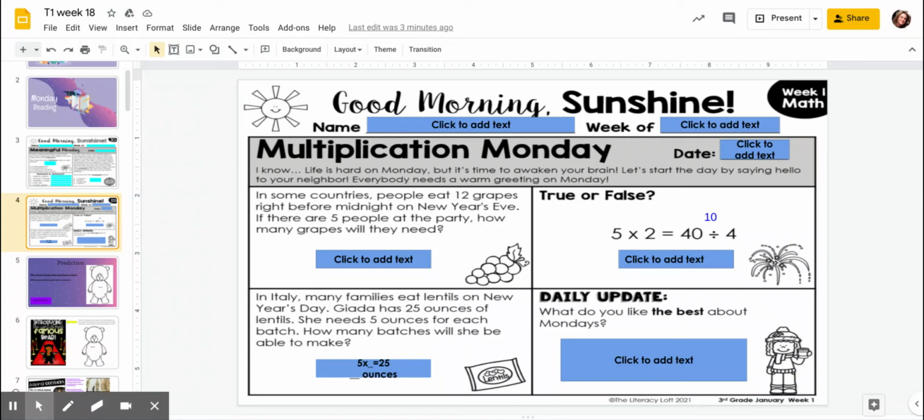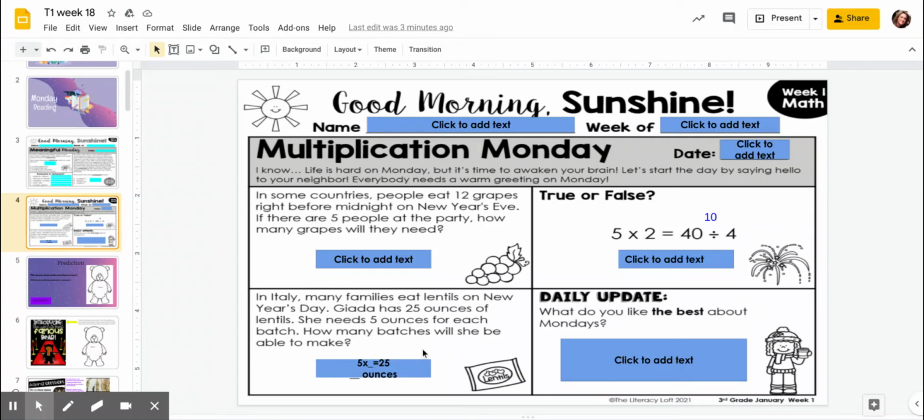So if one batch is 5 ounces, we need to figure out how many batches she can make with those 25 ounces. In order to make this division word problem into a multiplication sentence, I left a blank. That's what you're going to be solving for. So 5 times what equals 25?